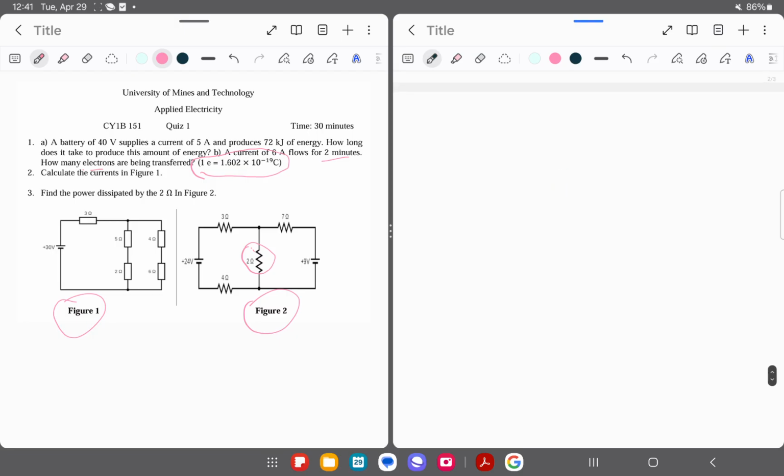So we have question 2 here. For question 2, you have been asked to find the current in figure 1. So I have figure 1 here. We have to find the current. So like I said earlier, I'm going to be using the branch current method.